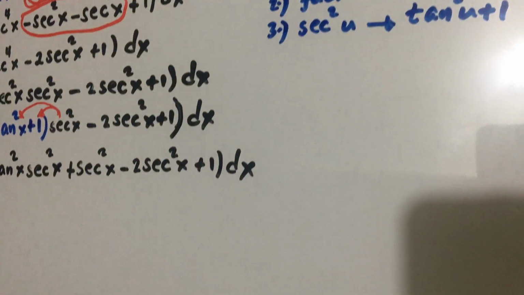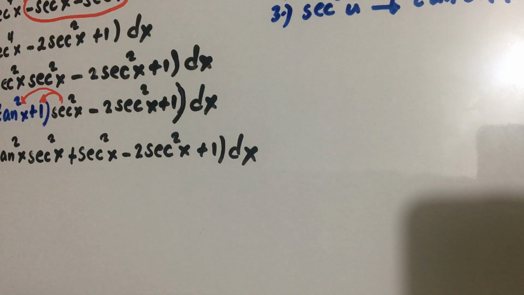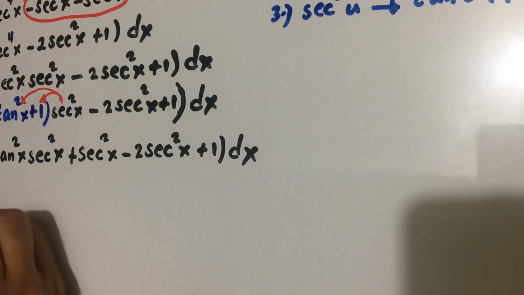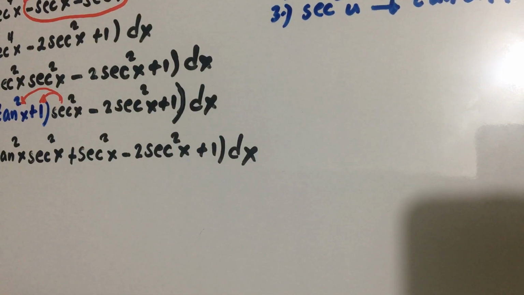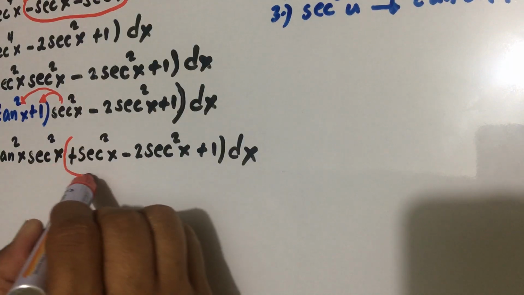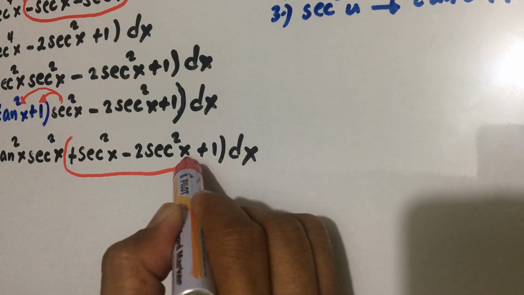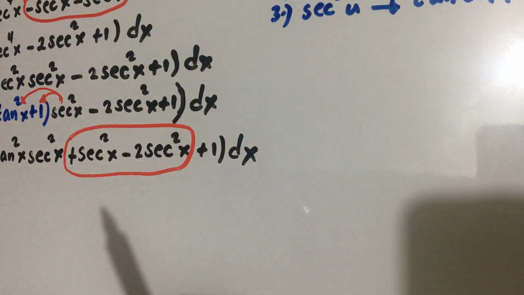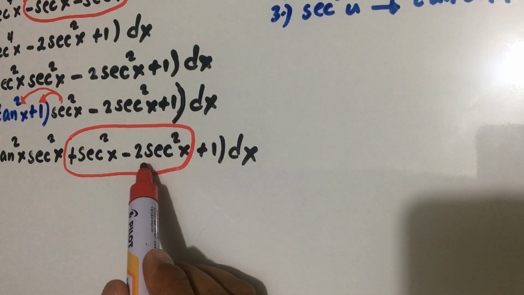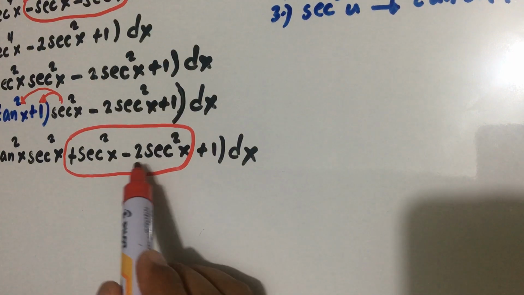Okay, then distributing the integral sign and also the dx. So, or before that, we can combine. We have similar terms here. We have positive secant squared x. We have negative 2 secant squared x.